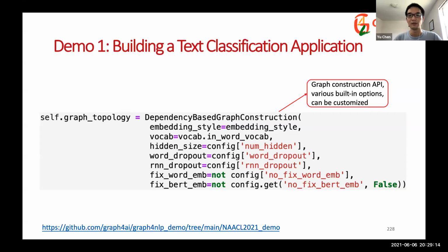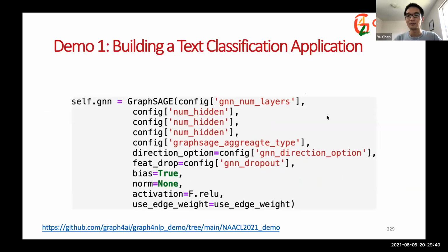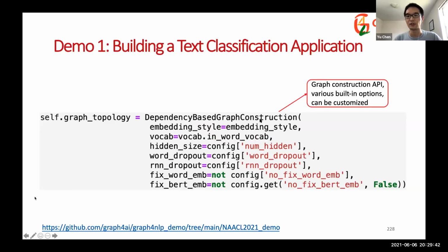For static graph construction, we provide the dependency graph, constituency graph, IE graph, and so on. For dynamic graph construction, we provide various metrics like node embedding based structure-aware similarity metrics, and we also provide various graph sparsification operations. By the way, you can also customize your own graph construction module very easily by leveraging our APIs.